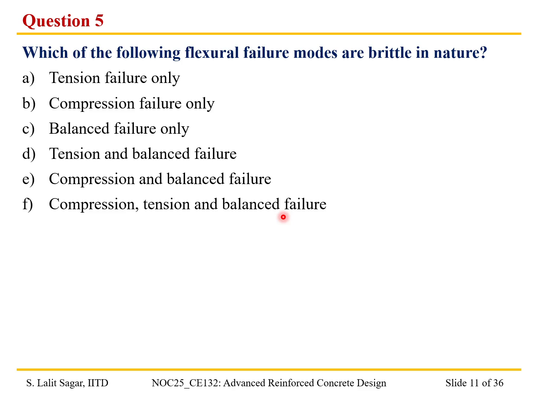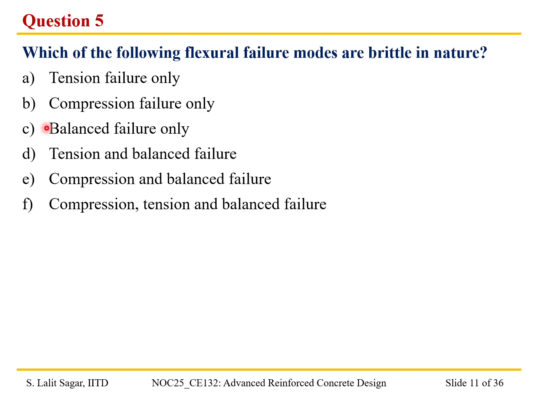So we have six options. Option A corresponds to tension failure only, that is the failure of the longitudinal rebars. The second option is compression failure only, that is the compression of the concrete in the compression region of the beam.